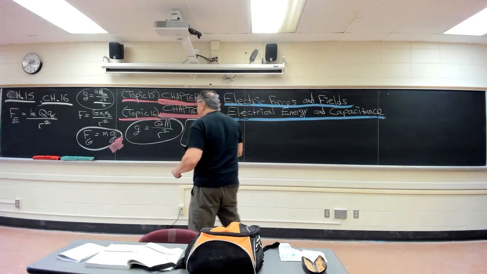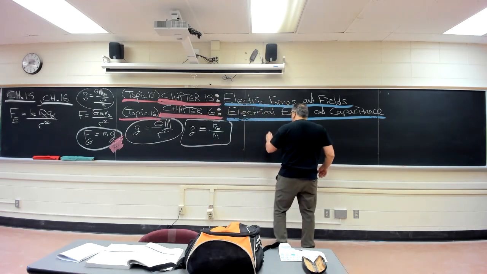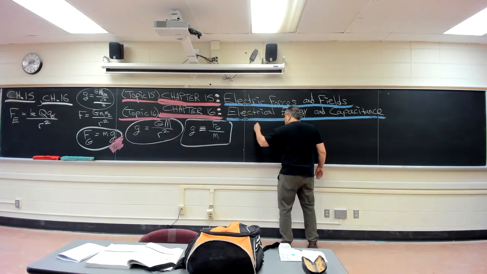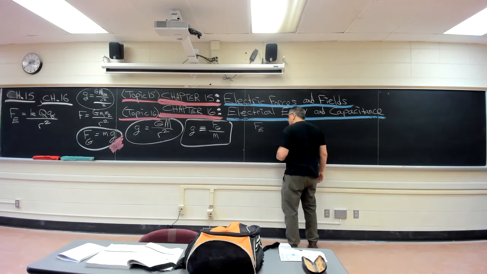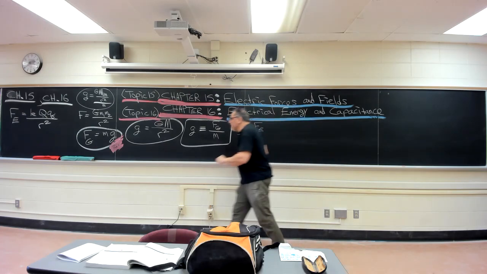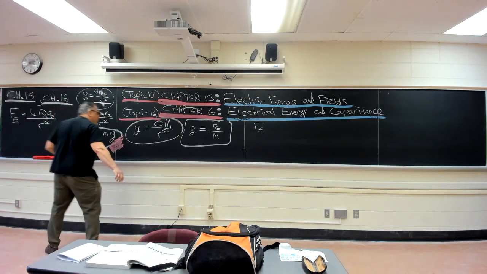Well, yeah, we certainly can. What we have here is if you took Fe, which is equal to, and there's a lot of ways you could do this here. Let me just kind of leave it here. Let me divide by small q on each side, you guys, if you don't mind.